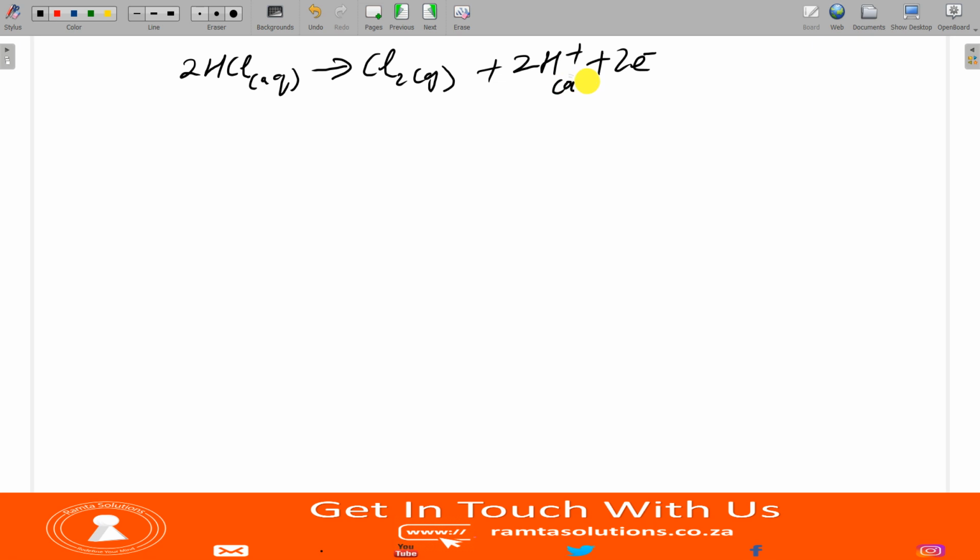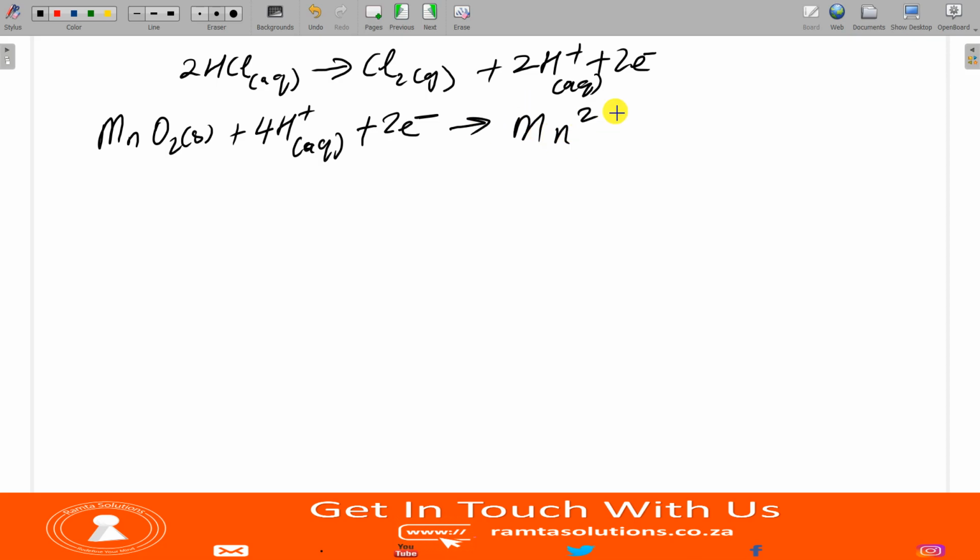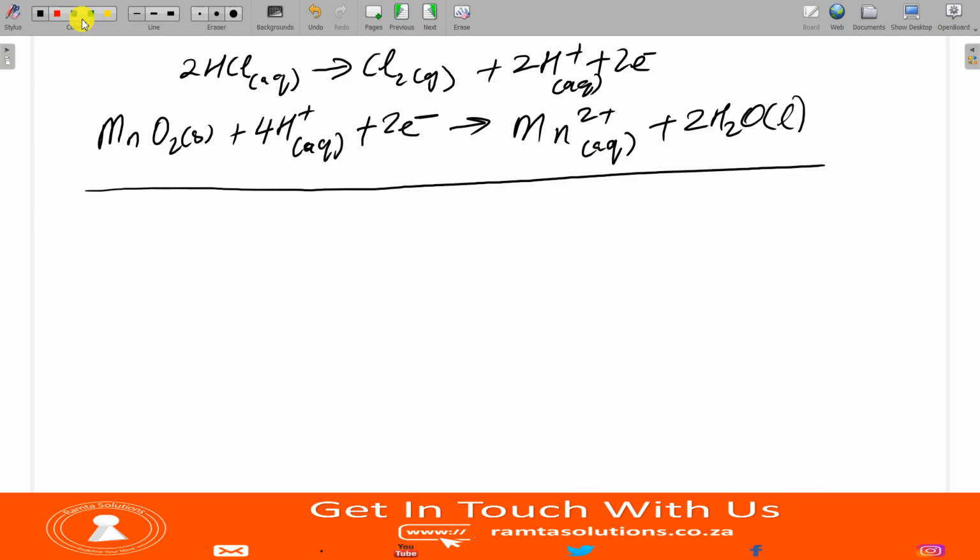And then we had MnO2 solid plus 4H+ aqueous plus 2 electrons, giving us Mn2+ aqueous plus 2H2O liquid. Now, I see the electrons are balanced.